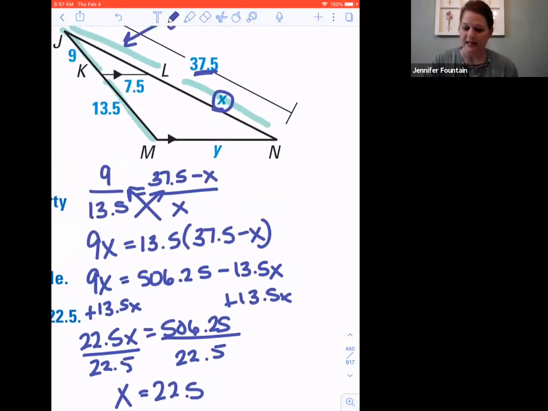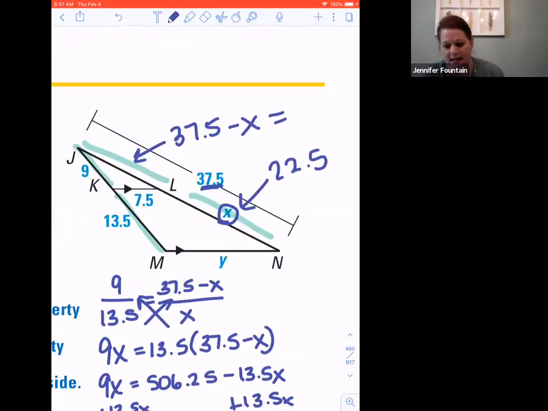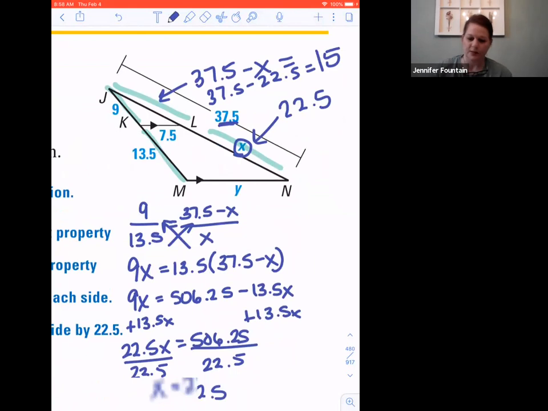Now if X is 22.5, then 37.5 minus X is 37.5 minus 22.5, which gives me 15. So I can find both of those segments: X is 22.5, and the other segment is 15.